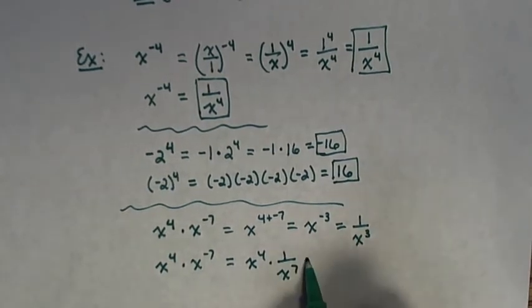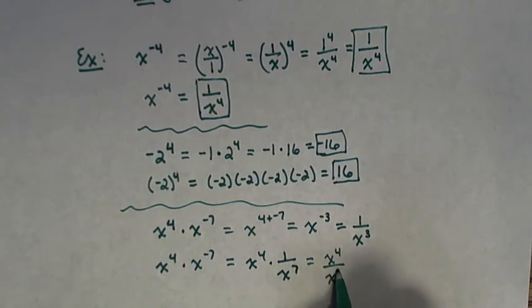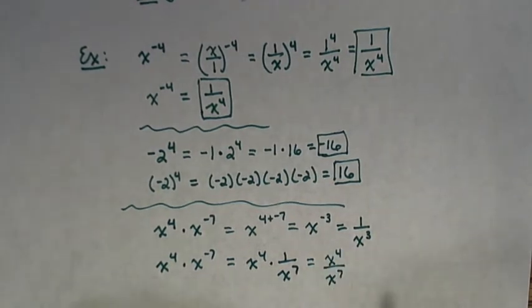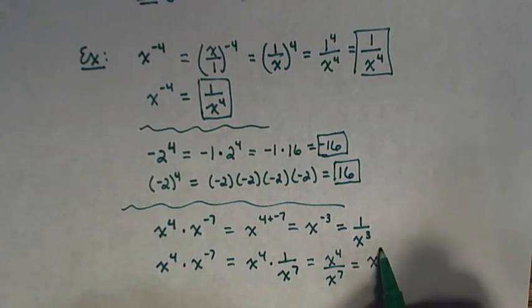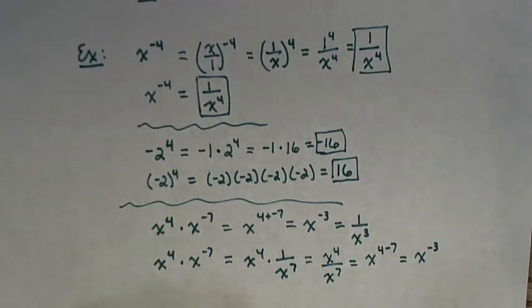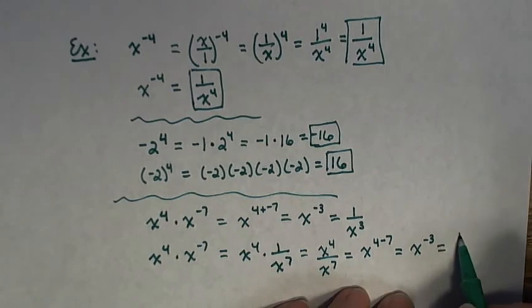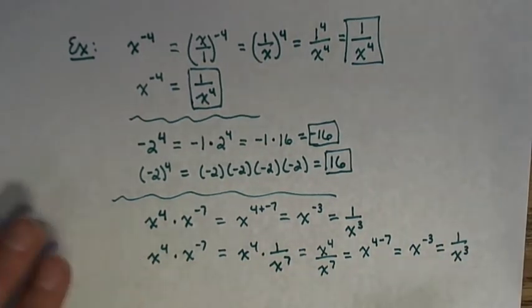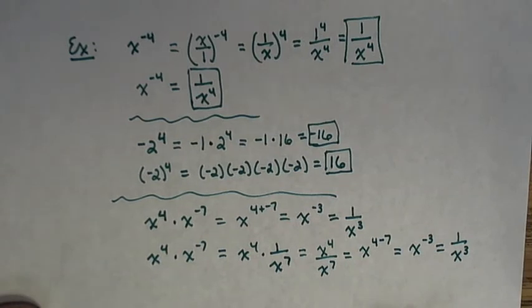So in essence, what's happening here is I'm going to end up with x to the 4th over x to the 7th, which if I apply my quotient rule is still going to give me x to the 4 minus 7, which is going to give me x to the negative third. And notice that will still give me 1 over x cubed. It will give me the same result.